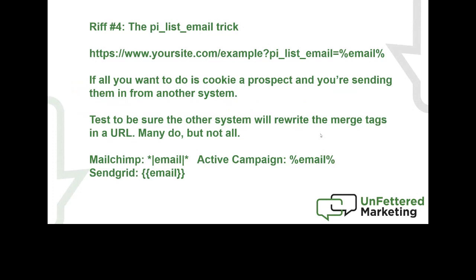If you've got a tracked landing page and you want to send someone from another system into Pardot automatically, it only works with email. But if you put this pi_list_email parameter equals and then an email address, when they get to that landing page on your tracked website, it will add that email address to Pardot.